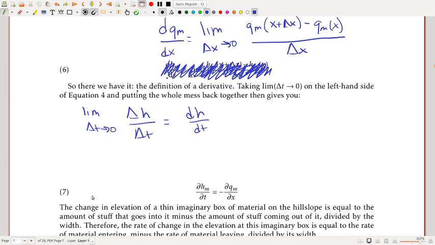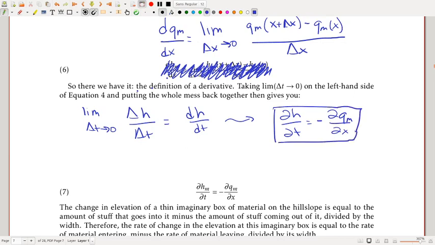And so if we want to combine those two together, then what we need to do is switch these to the curvy d's. And so what we end up getting is dh over dt is equal to minus, to account for the fact that we flipped the sign around, dq sub m over dx. And that is exactly the equation that we have here.